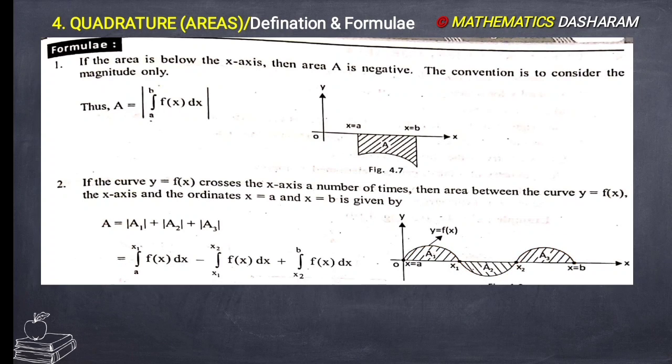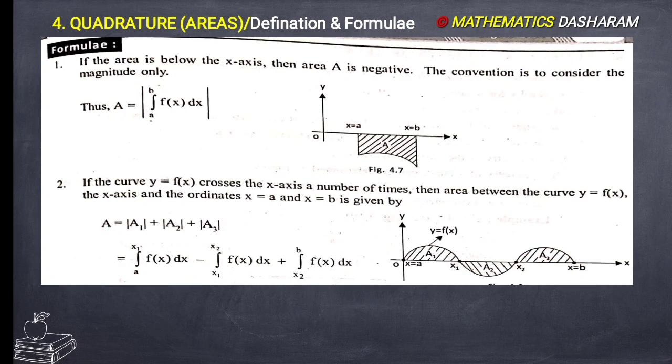So then the area between the curve y equals f of x and the x-axis and the ordinates x equals a and x equals b is given by, see here, how many areas are there in total? One area upside, a second area downside, and again a third area upside. If you add these three areas, it equals our required area.